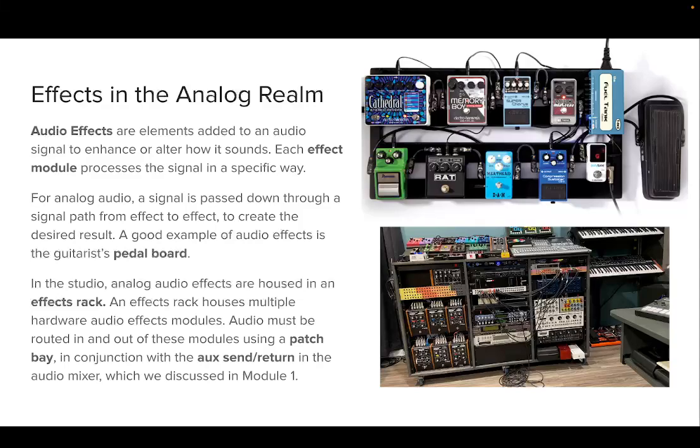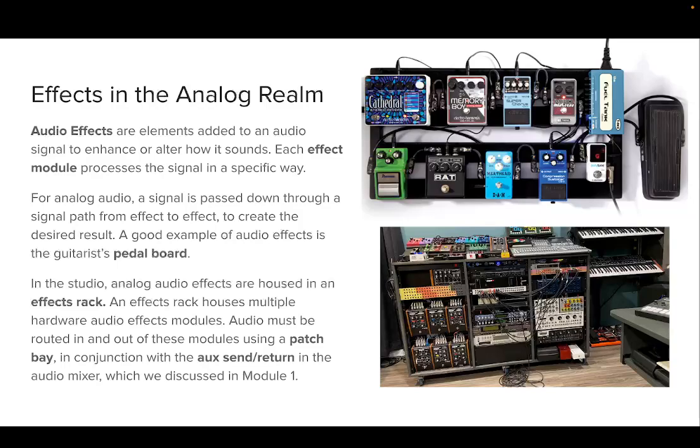A good example of audio effects in the analog realm is the guitarist's pedal board. On the top right of this slide, you can see an example of a pedal board and the effect modules it involves. Some of these effects perform different functions, and you can see the electrical cable carrying mic level or line level signal from piece to piece.